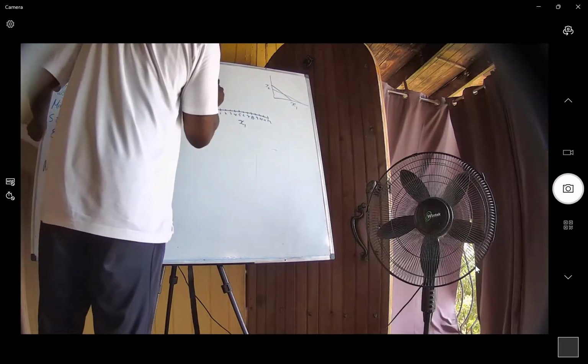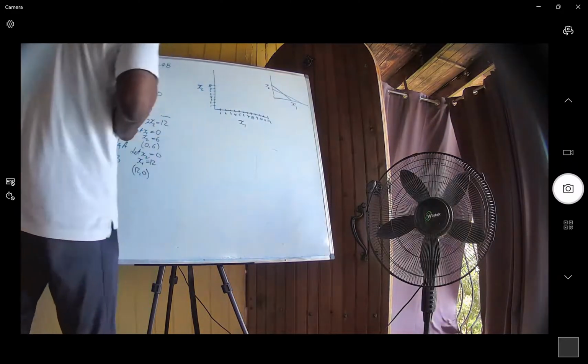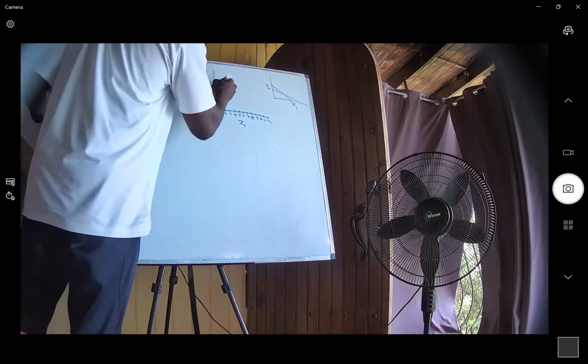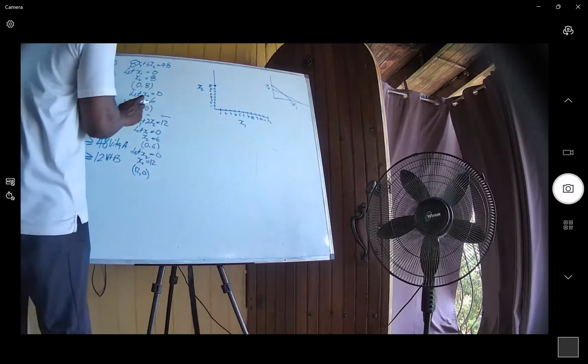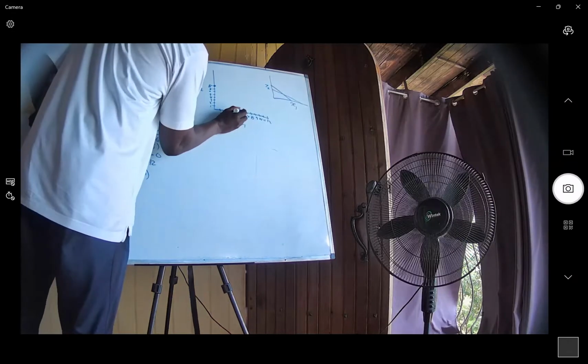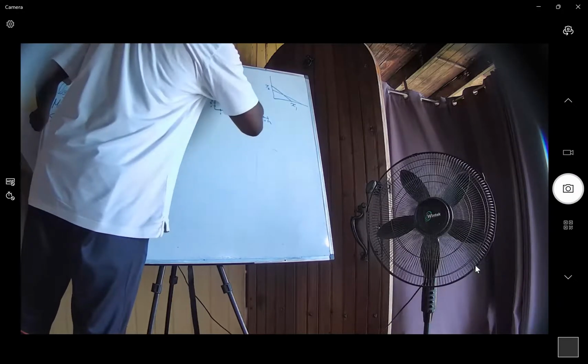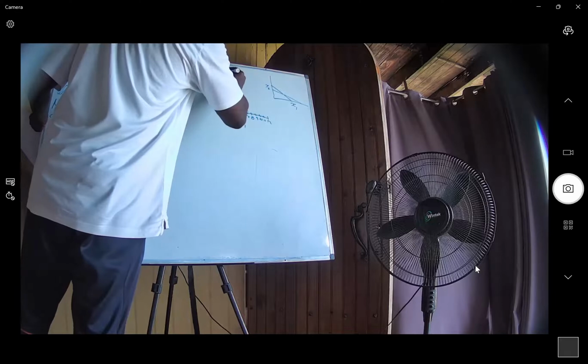All right, so ready to plot. When x1 equals 0, x2 equals 8. And then when x1 equals 6, x2 equals 0. So that's my point for that one. This is the furthest point, so I can write my equation here.